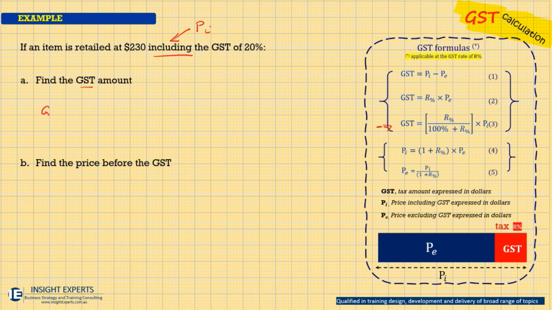The GST amount, when the price after tax is given, is equal to the tax rate, 20%, over 120%, times $230, which is the price including GST, and that equals roughly $38.35 to the nearest 5 cents.